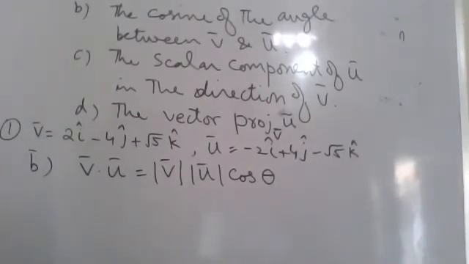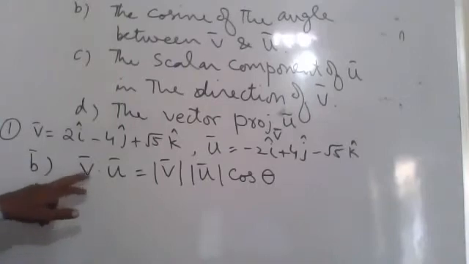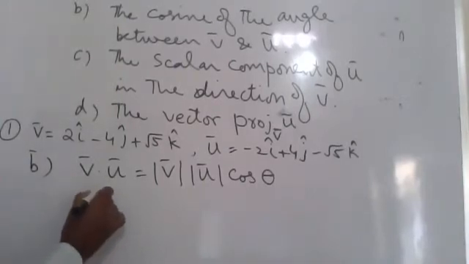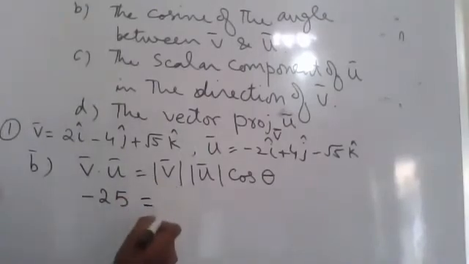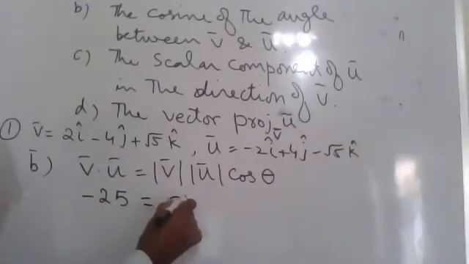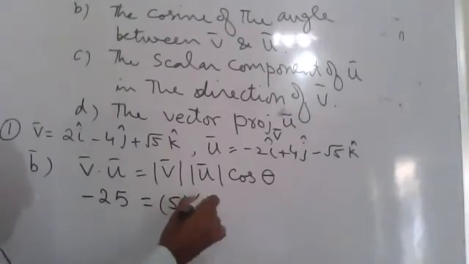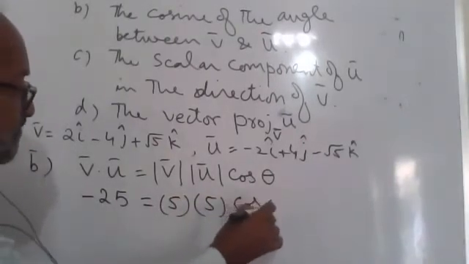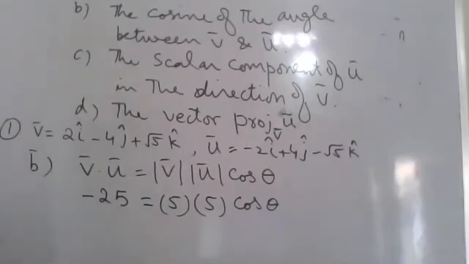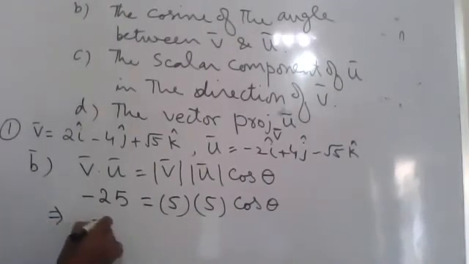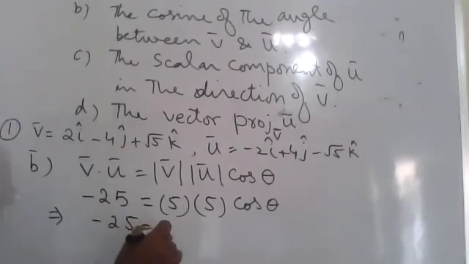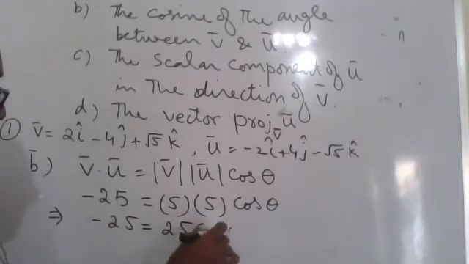We have found v dot u is equal to minus 25, the magnitude of v is 5, and the magnitude of u is also 5, into cos of theta. So minus 25 is equal to 25 into cos of theta.